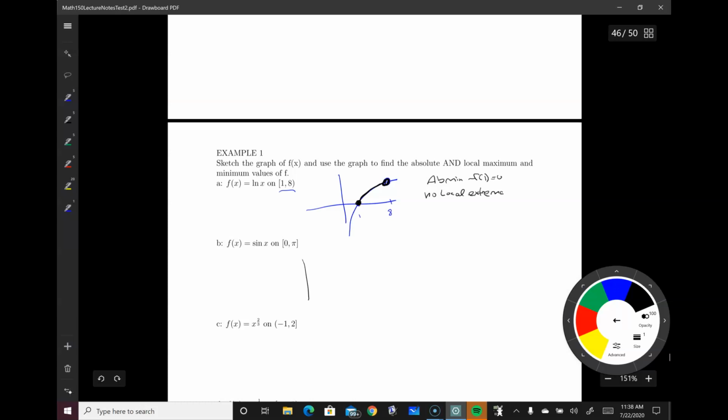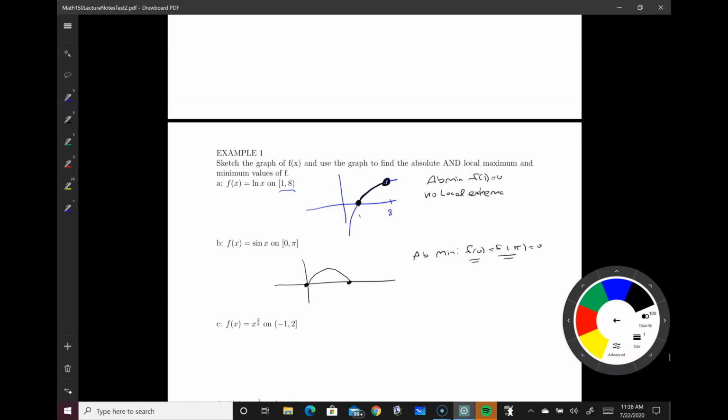Okay, so let's look at sine of x. Sine we know looks like this between 0 and pi, including the endpoints. So I know that there is an absolute minimum at the same y value of 0. f of 0 is the same as f of pi, and those are both 0. Again, it's the x values I want you to identify more than the y.